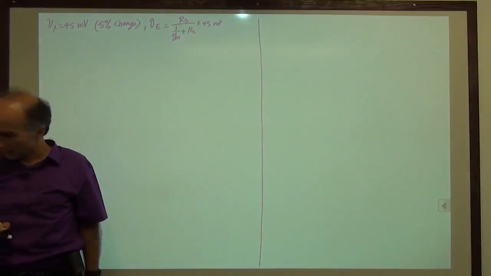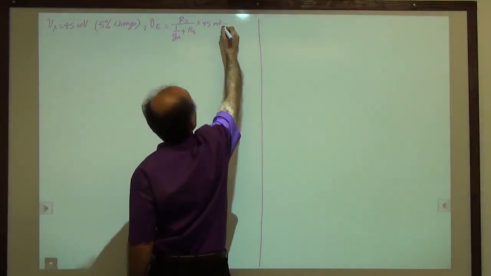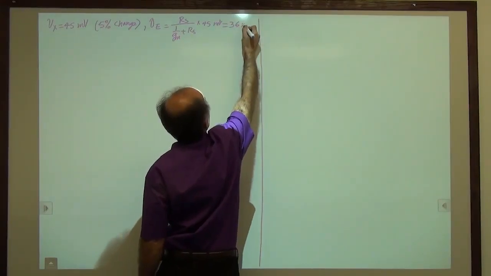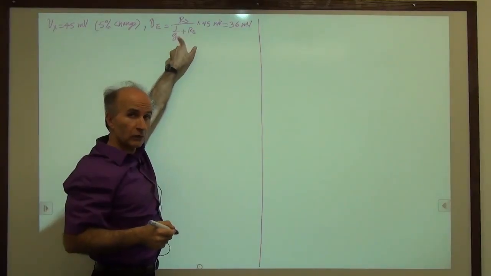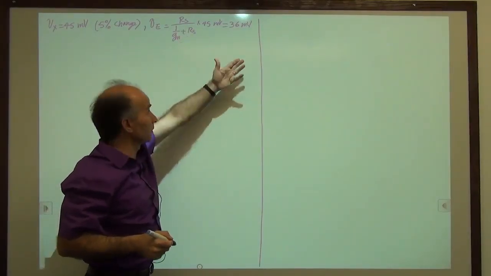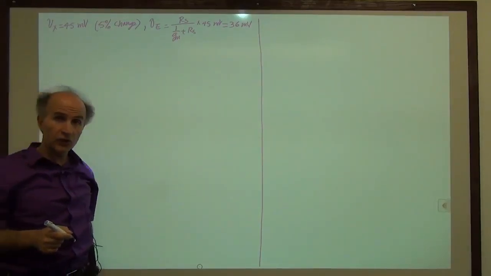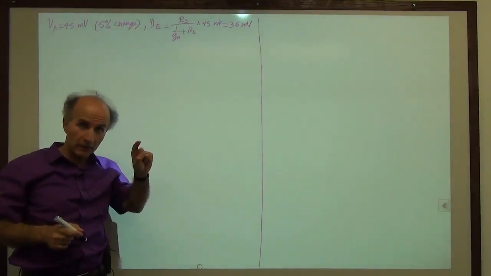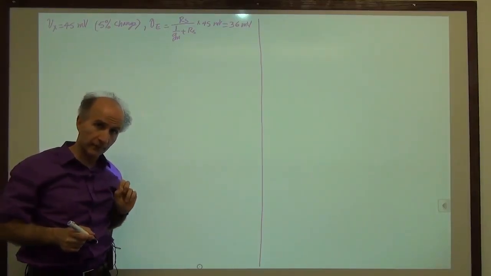And that gives us 36 millivolts. We have 100 divided by 126, and that's what we get. All right, 36 millivolts. This is the voltage change at the emitter, or the voltage change across the emitter resistor.